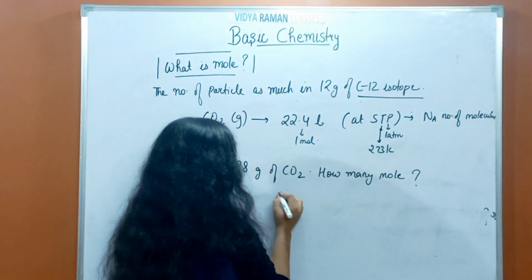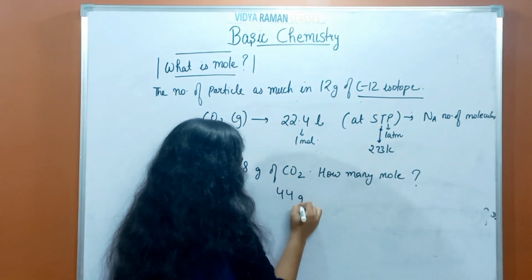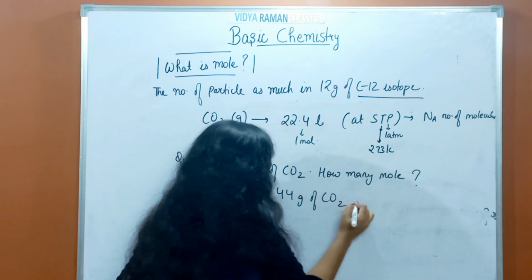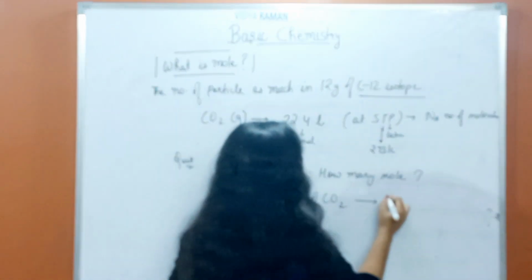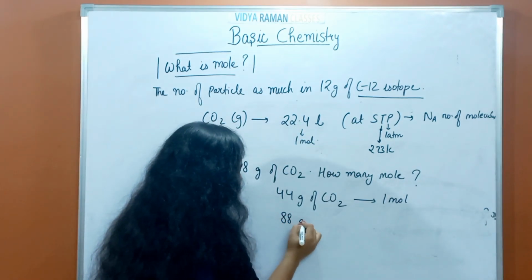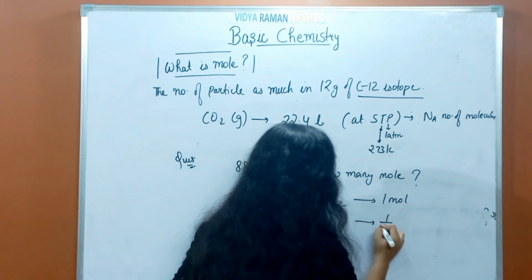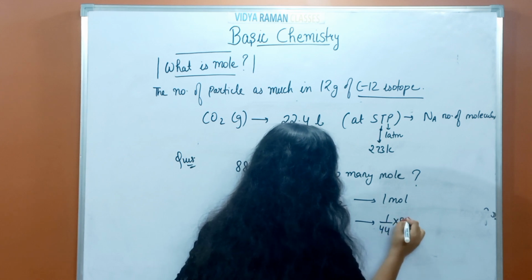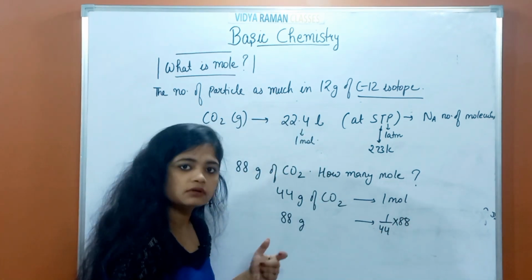Now if I say 44 gram of CO2 is containing how many moles? 1 mole, right? So now 88 gram of CO2 will contain 1 by 44 into 88. This is actually what? Unitary method.